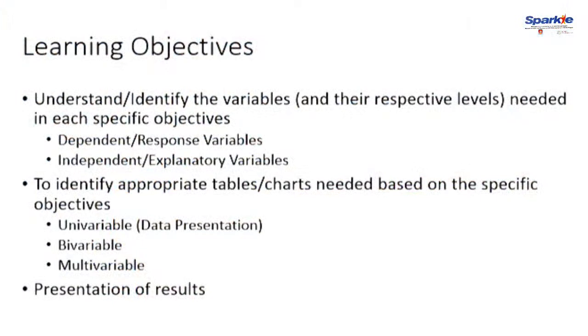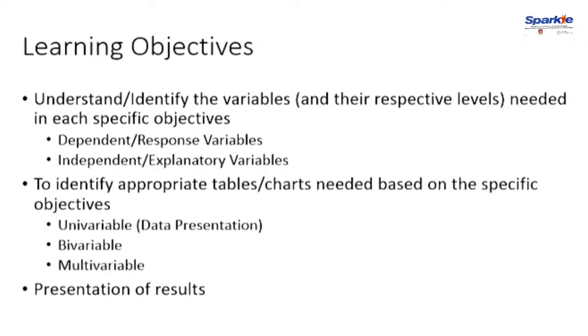So you must have identified the variables, their respective levels. What does that mean? Levels means categories. If you are dealing with categorical variables, you need to understand this particular categorical variable, how many levels does it have? How many categories do we have about it? Why do you have to understand that?